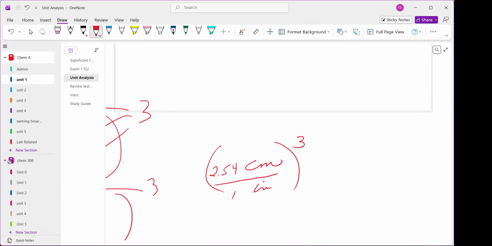All right, so that conversion factor, we're going to cube it. And when we cube that conversion factor, we have to cube not only the units, but the number as well. So basically, this exponent goes like this.